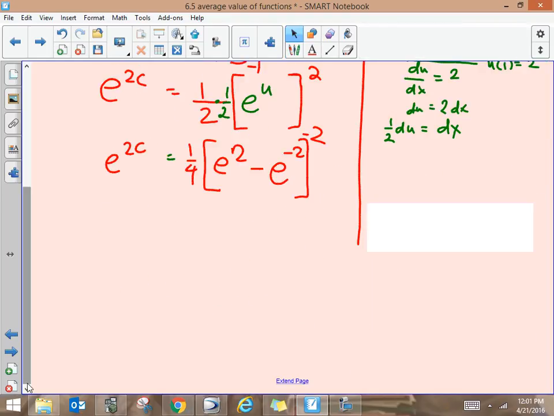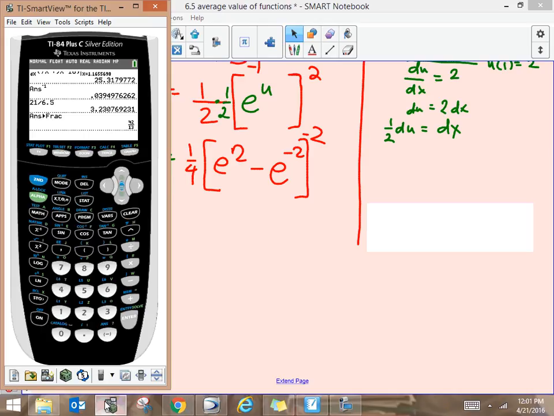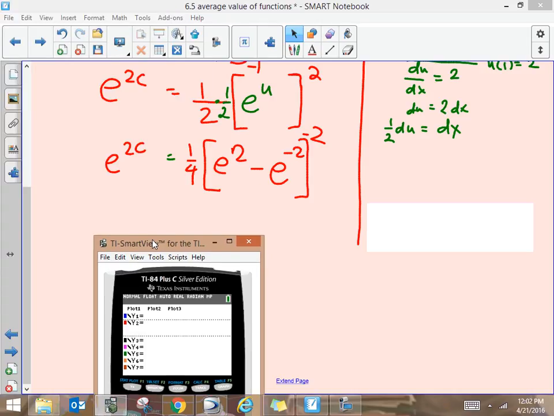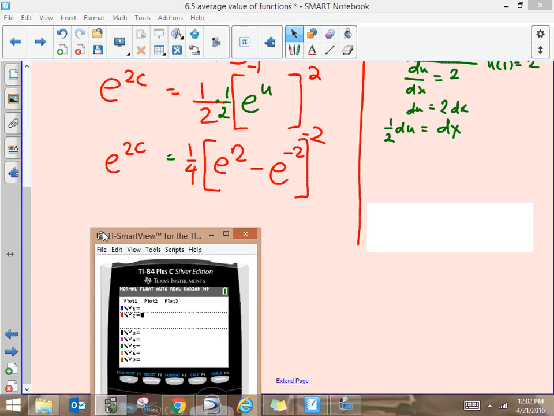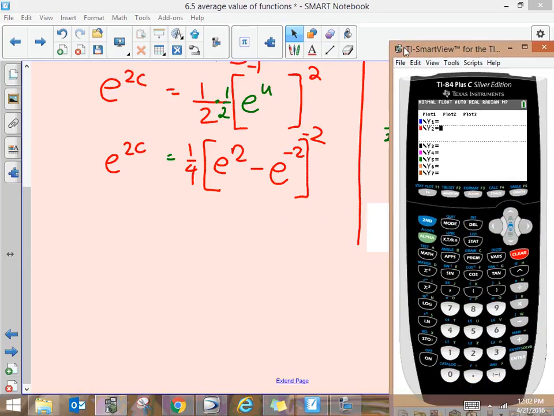Wow, that looks exciting, especially when we don't have a number. So we're going to solve with our calculator. We did the integration by hand. Let's solve with our calculator because I don't think we have anything else. So how am I going to do this? With e to the 2c, but really I have to use x, right?